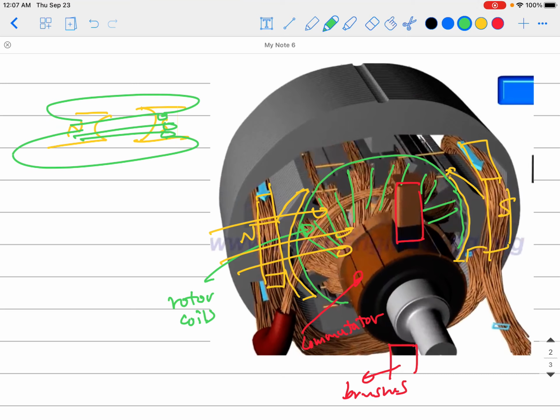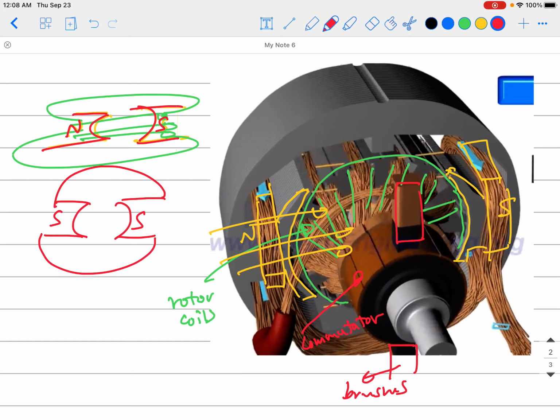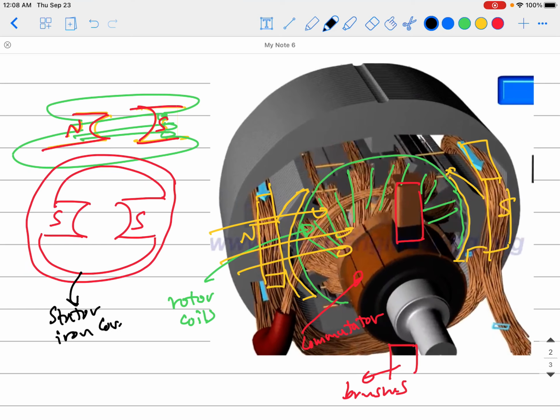So even these returning paths, we will not leave to go through the air. Rather than placing the north and south in the air like this, we will place them around an iron case. So you will put an iron cylinder like this, and that will be your stator iron core. Sorry, that was north, not south.